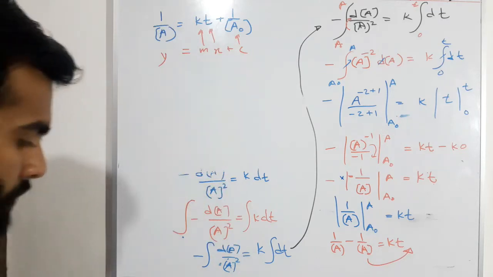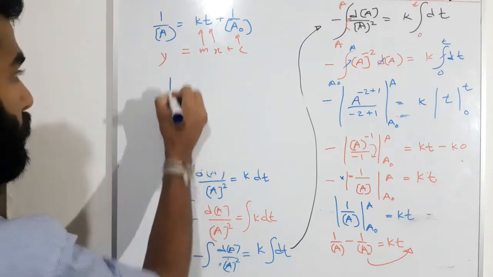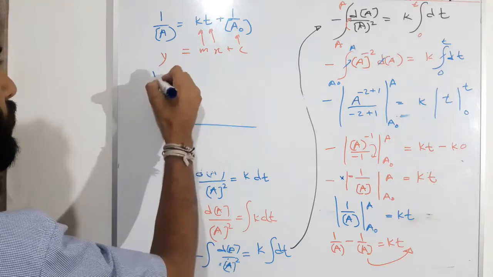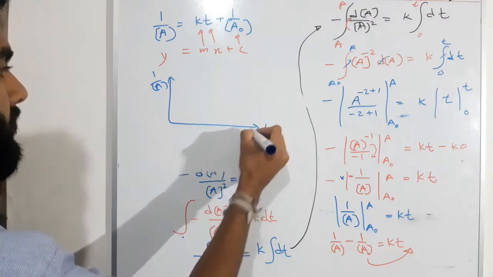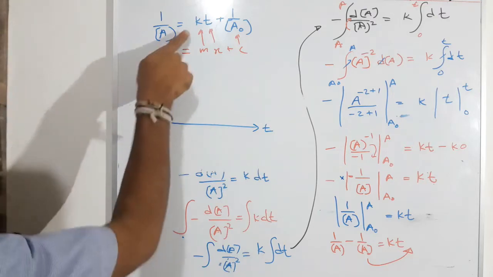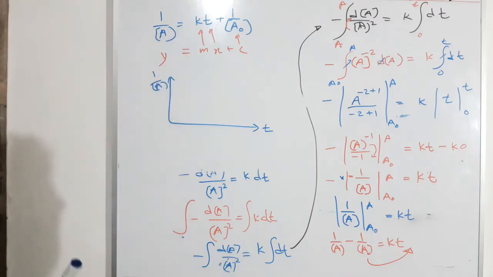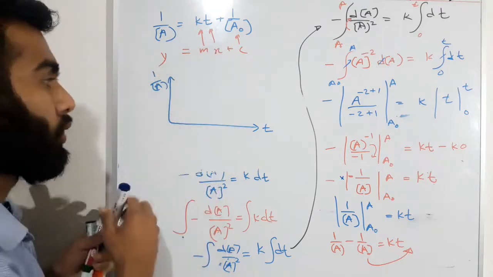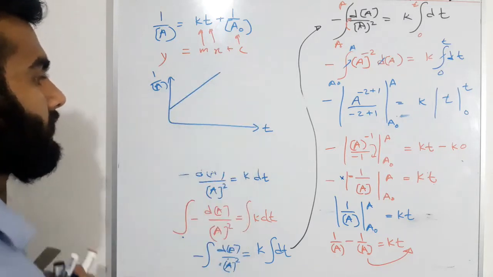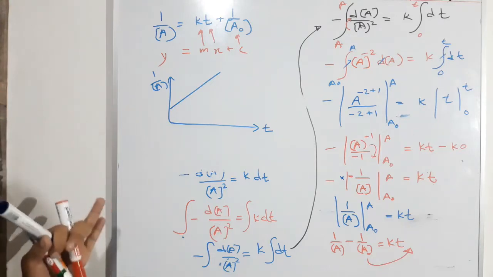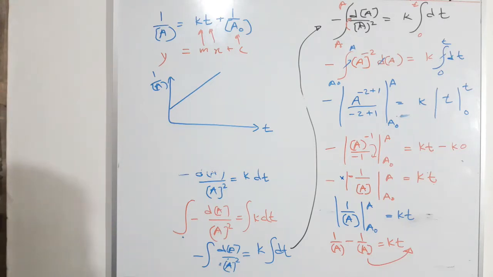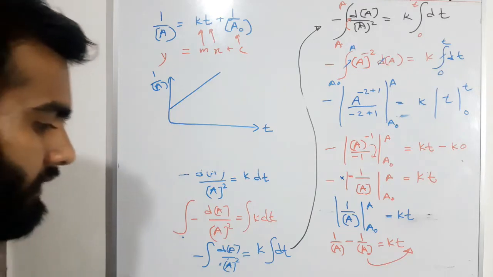Now you can plot a graph of 1 over a versus time t. You know that k is now positive. It has a positive intercept also. So the graph will be like this, the integral form of a second order reaction. The graph is like this.